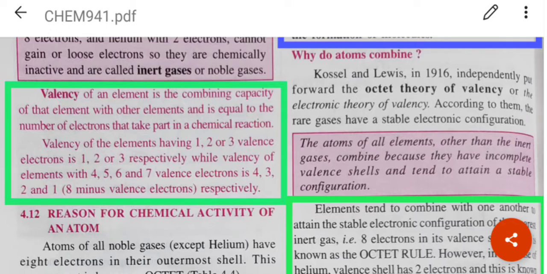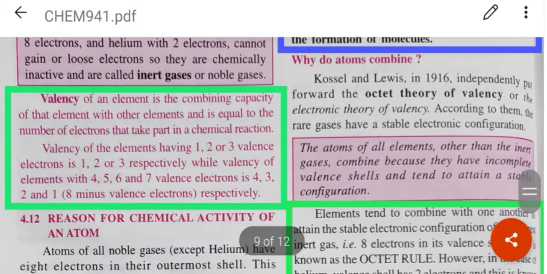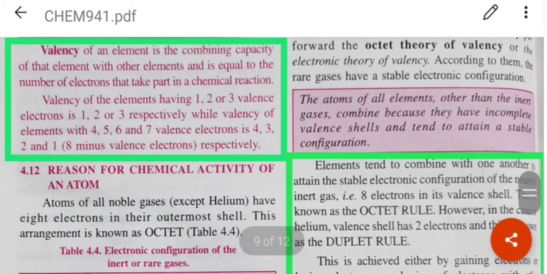Okay. So valency of the elements having 1, 2 or 3 valence electrons is 1, 2, 3 respectively, easy. While valency of elements with 4, 5, 6 and 7 valence electrons will be 4, 3, 2 and 1.